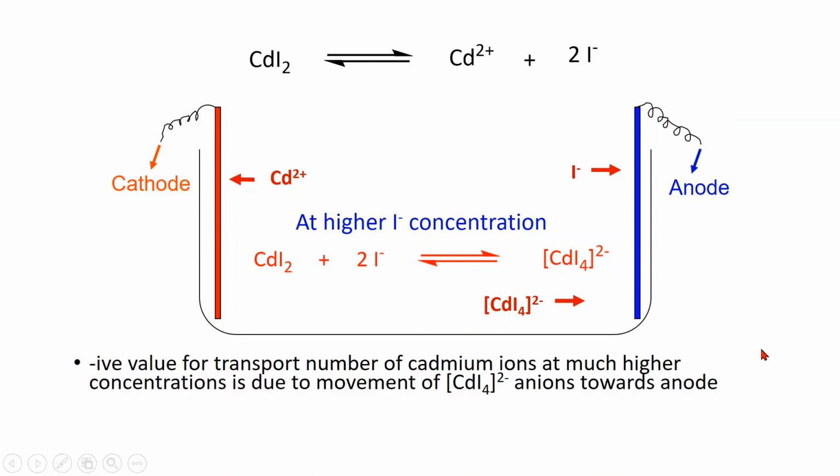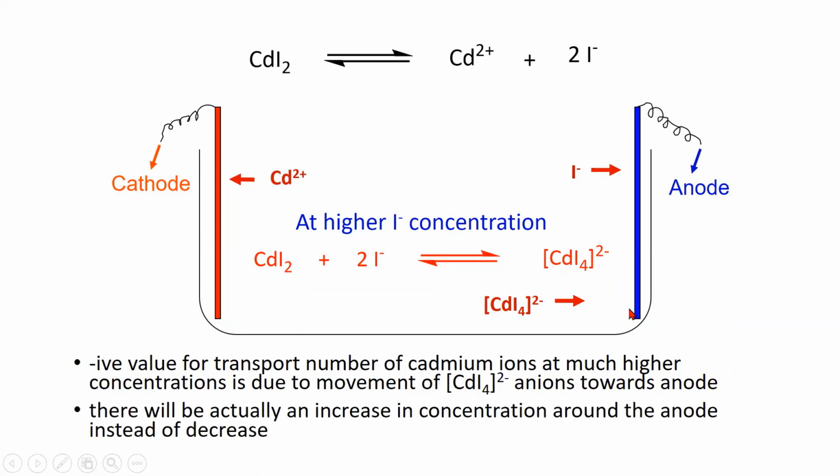So the negative value of the transport number of cadmium ions at much higher concentrations is due to the movement of the CdI4 2 negative anion towards the anode. What happens is there will actually be an increase in concentration around the anode instead of a decrease.